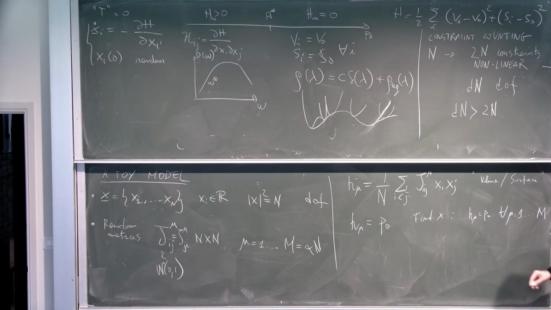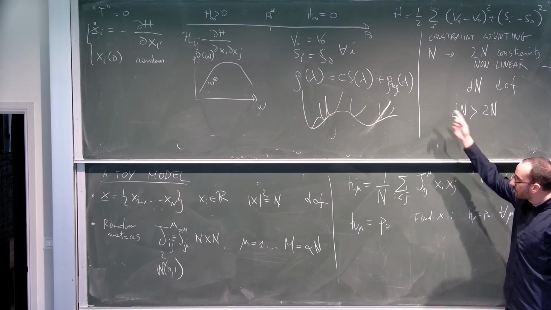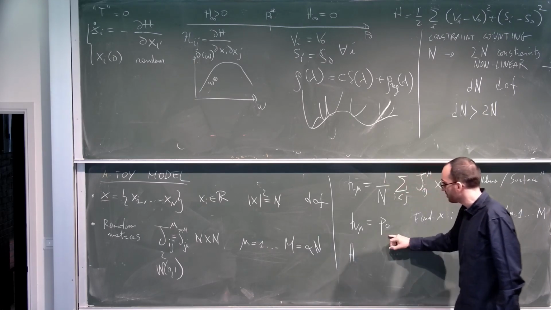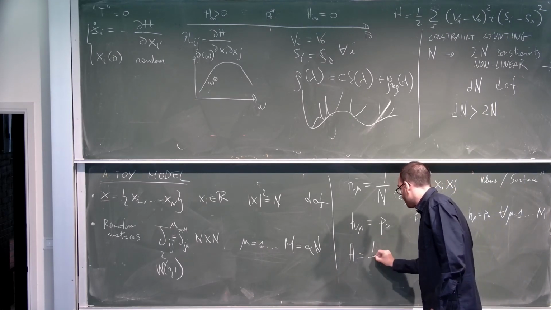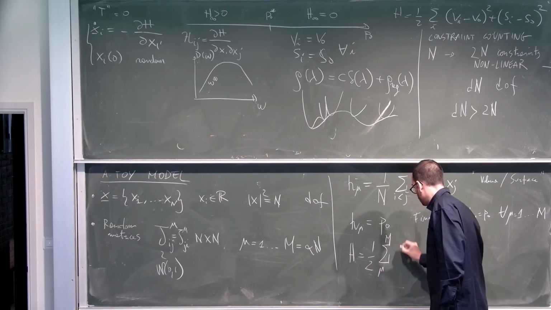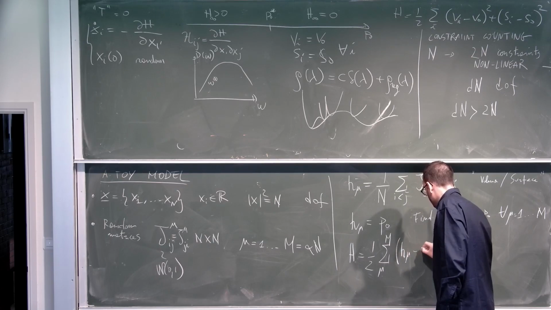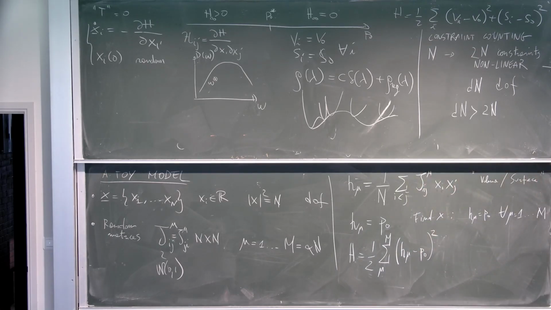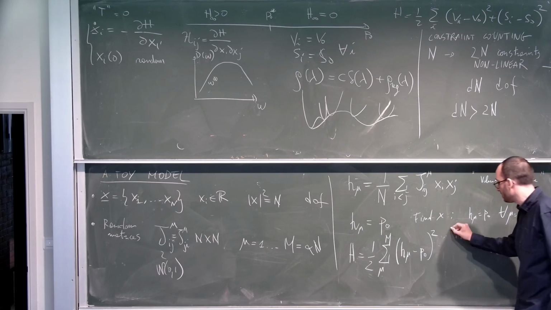Okay, so I play the same game that people have been playing. I define some cost function to enforce this constraint. It's just the square loss. So I have two control parameters.